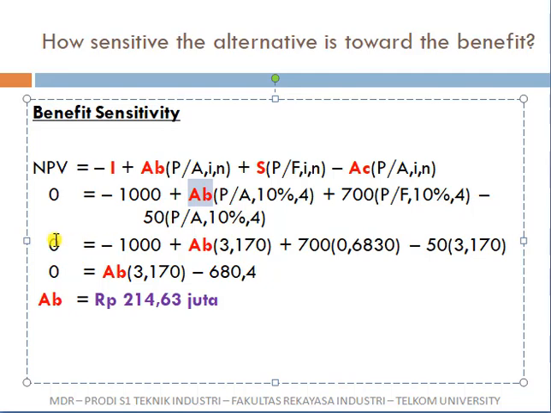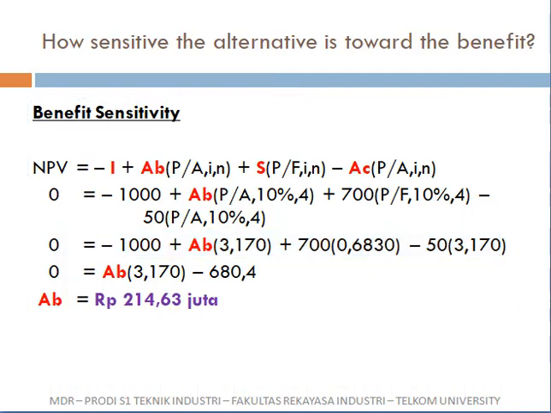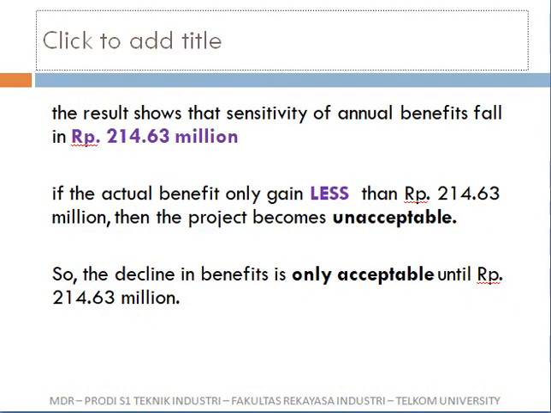Just use simple algebra, and then we got the annual benefit level, which is 114.63 million. And what exactly is that value? The result shows that the sensitivity of annual benefit falls in this value, 200 something.